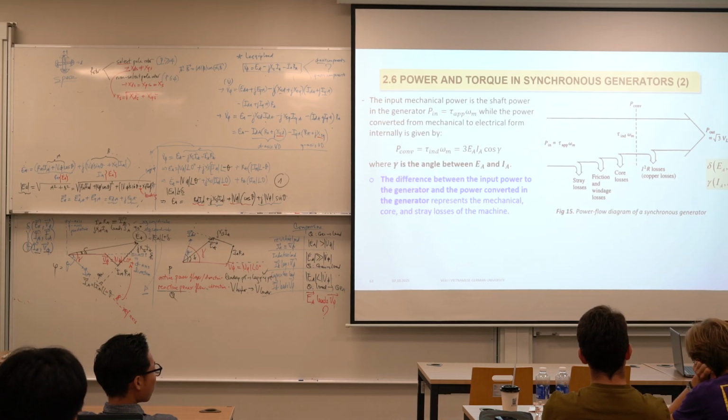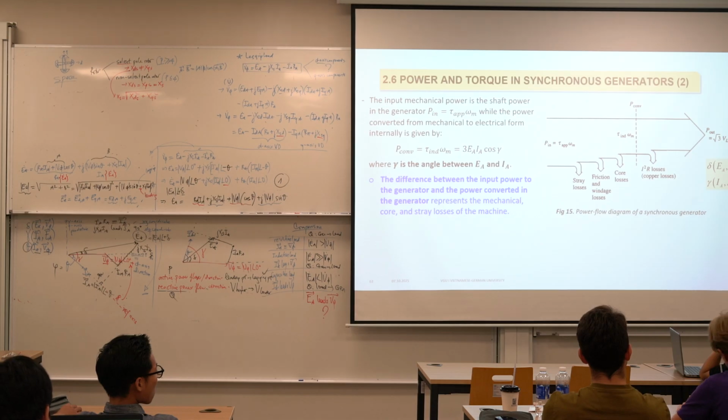If I would like to use line parameters, we have P equals root 3 times line voltage times line current times cosine theta. It's up to you: you can use all phase parameters or all line parameters. But the angle must be theta because of the definition.